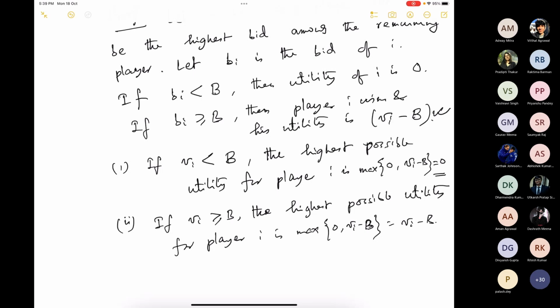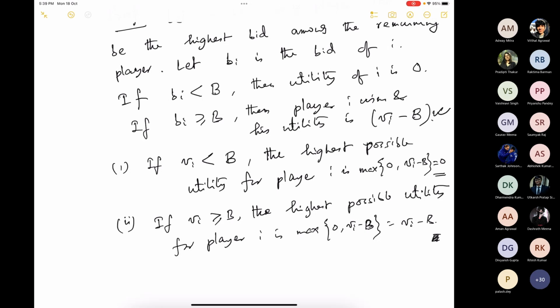Hence, irrespective of how other players bid, whether they bid their valuations or not, it does not matter to player i. Irrespective of how other players participate in the auction, it is always in the best interest of each player to bid the valuation. This is what we call dominant strategy incentive compatible.